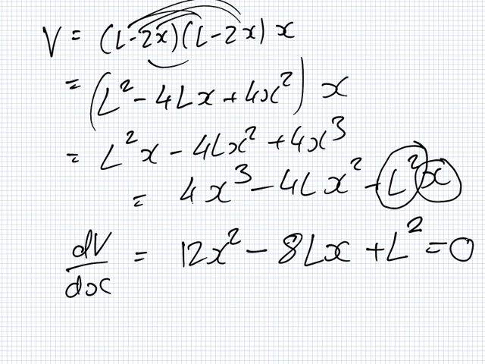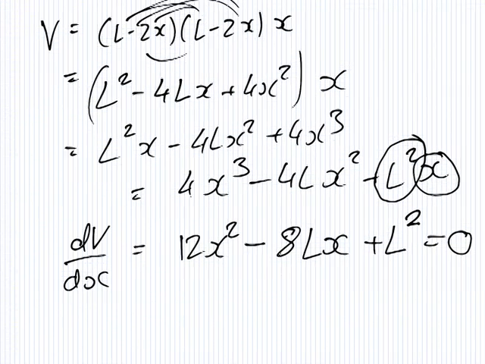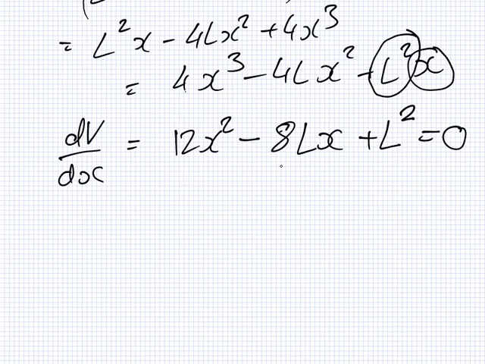Equals 0. Now, the problem is we cannot use the calculator or factorize here. Why not? The L we don't know, so there's only one thing I can use: the minus b formula.